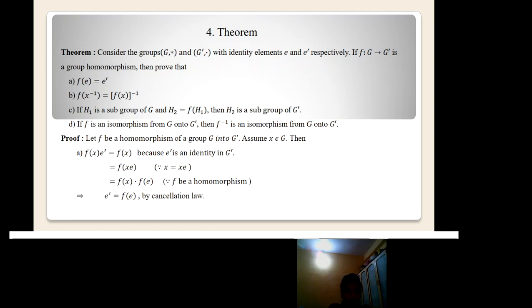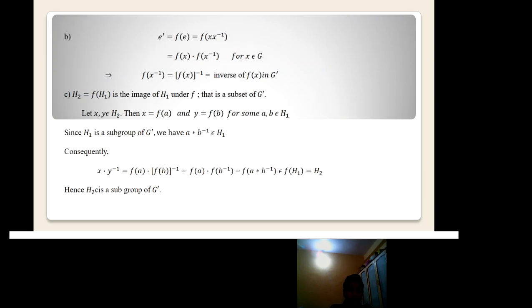Then proof. Let F be a homomorphism of a group G into G dash. Then assume x belongs to G. Then first is f of x into E dash equals f of x, because E dash is an identity in G dash, equals f of x into E, because x equals x into E, equals f of x into f of E. Since f is a homomorphism, this implies E dash equals f of E by the cancellation rule.